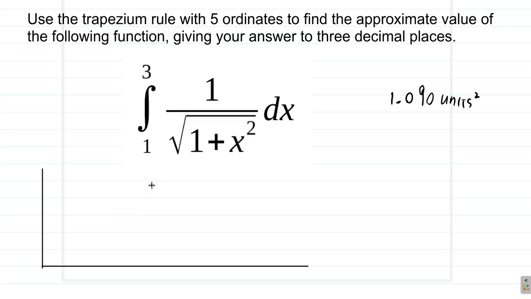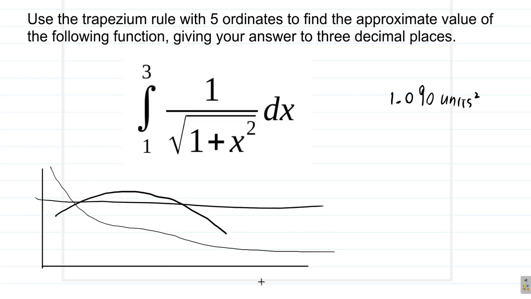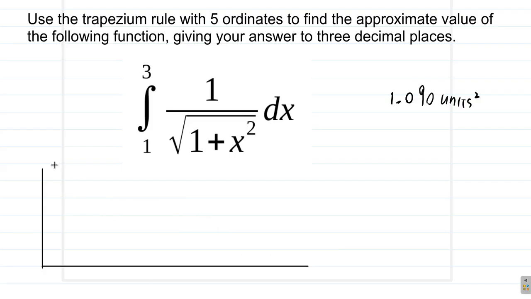What is it? I don't know what it looks like. Let's say it looks something like this. You don't really care about the accuracy of your graph. Even if you draw it like this, or a straight line, you'll get the same answer. It's just rough work that you're doing here.